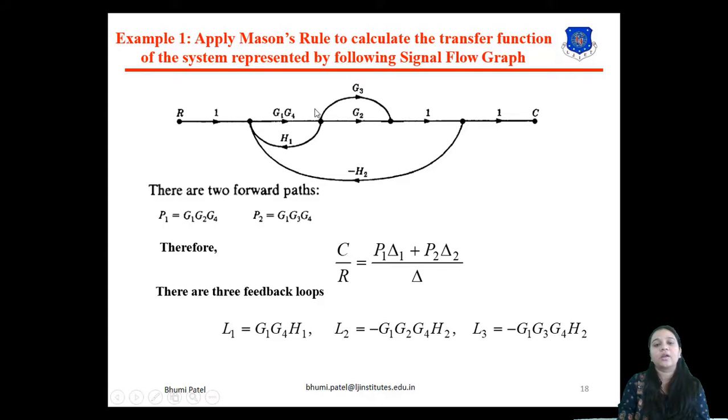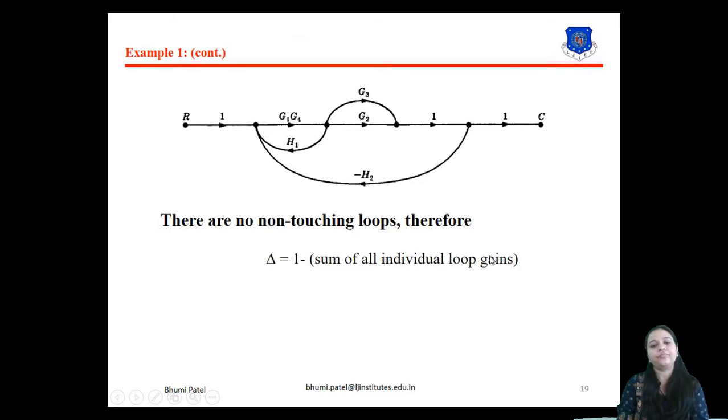L1 is equal to G1, G4 into H1. L2 is equal to G1, G4, G2 into minus H2, which becomes minus G1, G2, G4, H2, and L3 is equal to G1, G4, G3 into minus H2. The next step: there are no non-touching loops.